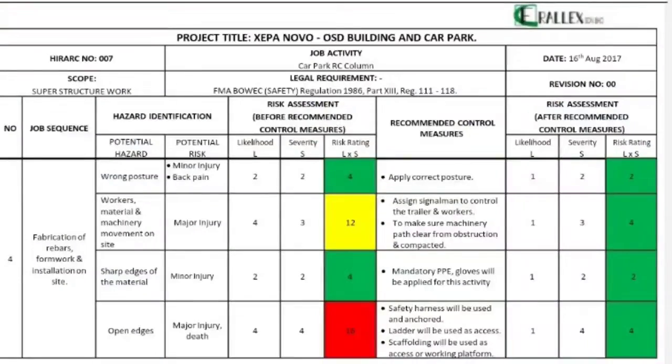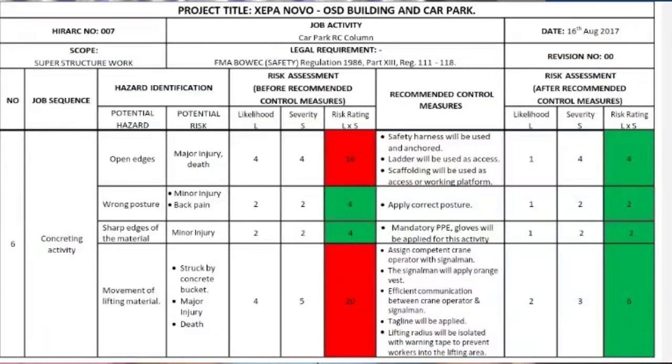For example, let us consider the concreting activity. Now, concrete itself is hazardous for our bare hands. If you take concrete in your bare hands, definitely it is not good for the skin. This is a hazard. Now, what is the hazard analysis? You have identified the hazard. Now, how will you mitigate that?